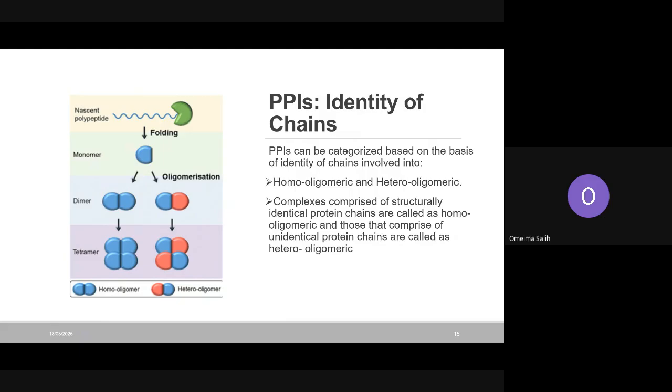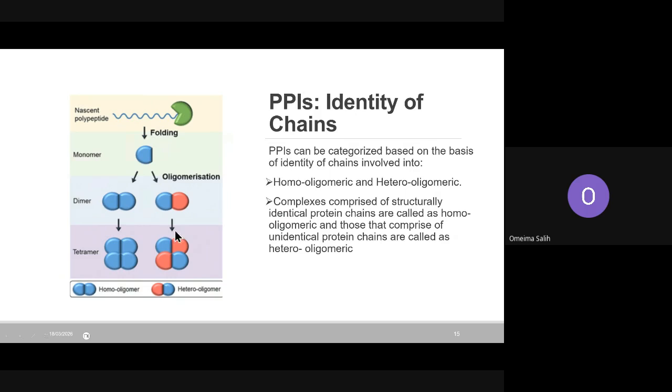So in this slide, we just define homodimers or homo-oligomeric and hetero-oligomeric. As you can see here from the diagram, if the interacting proteins have the same sequence of amino acids or they are similar, then we call them homo-oligomeric.